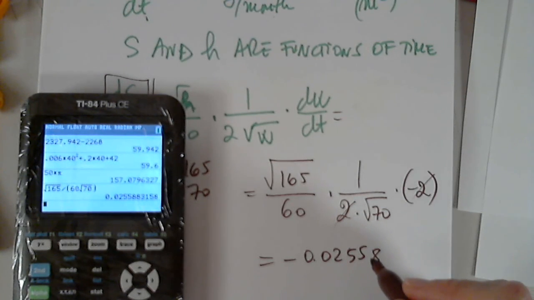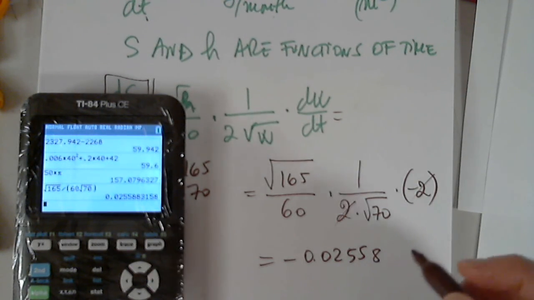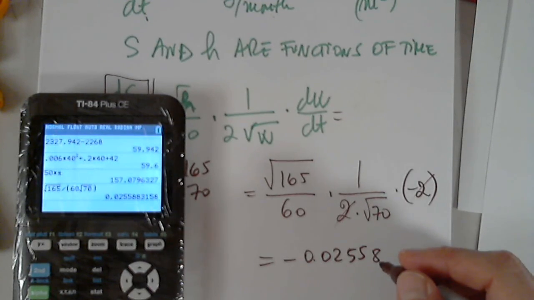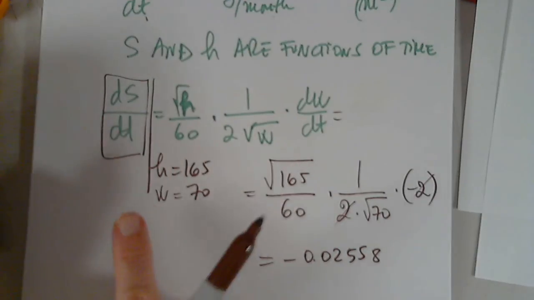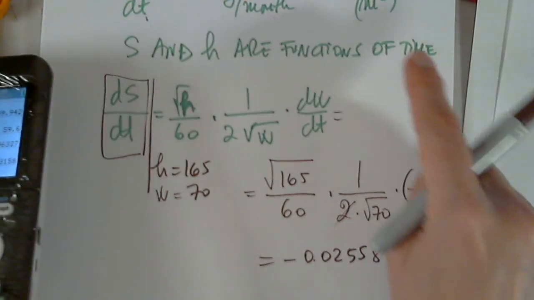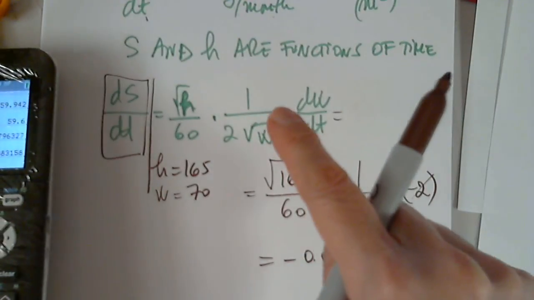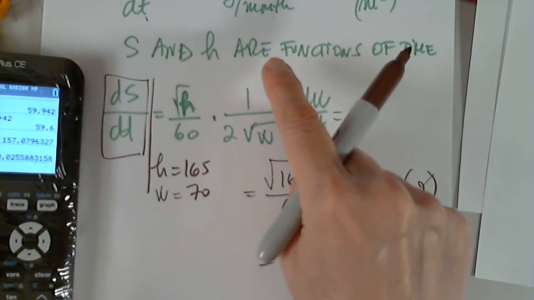They didn't say how many decimal digits they want. But this is the rate of change of surface area, dS over dt, so it's meters squared per month.